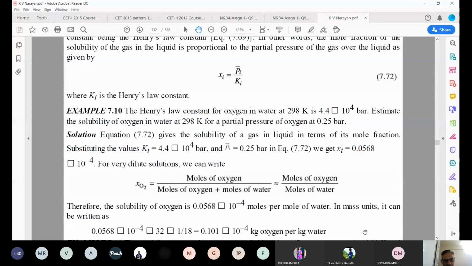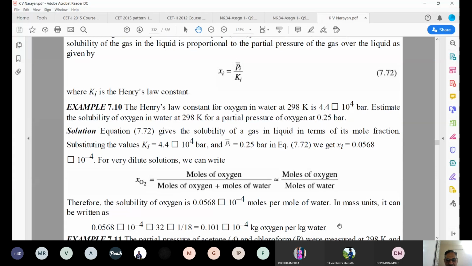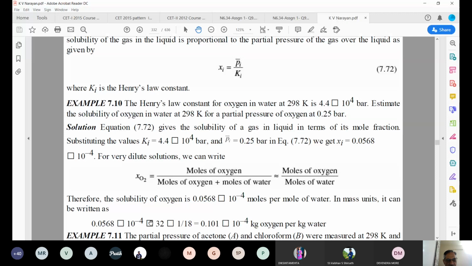Any doubts, questions on how we got moles of oxygen per mole of water? Okay, नहीं है तो then you can convert this into kgs also, अगर kg में चाहिए तो, right? तो what you do is multiply by molecular weight of oxygen, तो moles का ग्राम्स हो जाएगा या kg हो जाएगा, और इसको moles of water को 18 से मल्टीप्लाई किया तो you get grams per gram और kg per kg, right?